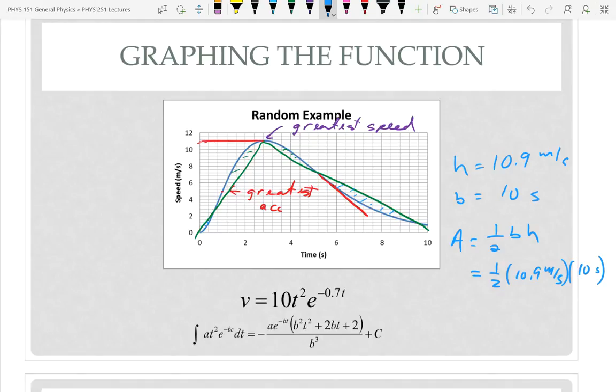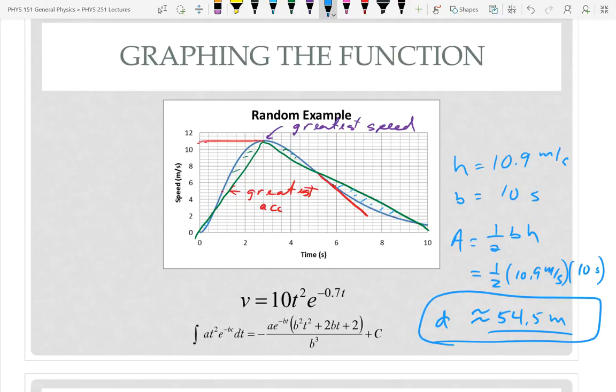So half of 10 is 5. 5 times 10.9 is going to be 54.5. And notice my units now, meters per second times seconds is meters. So it gives me that for the distance.